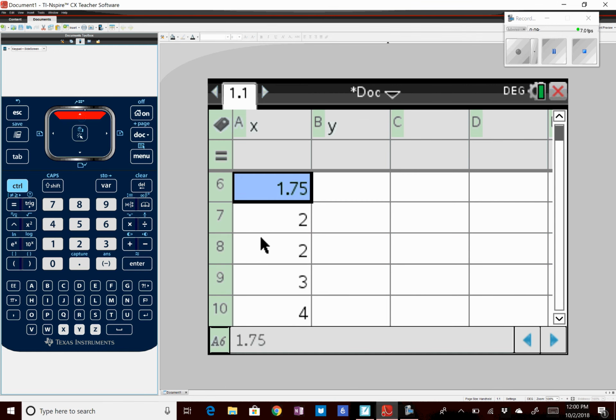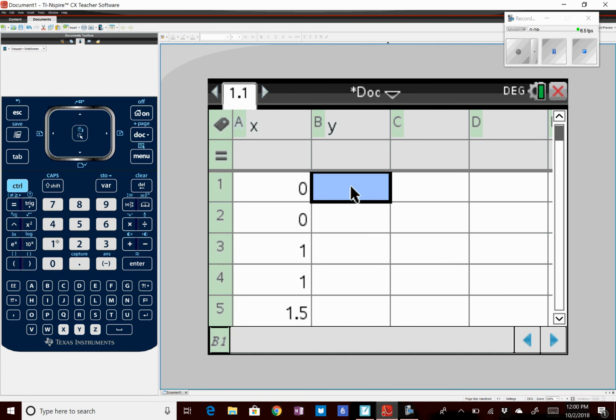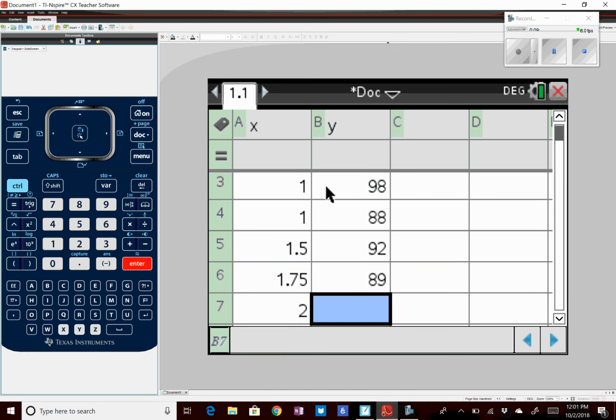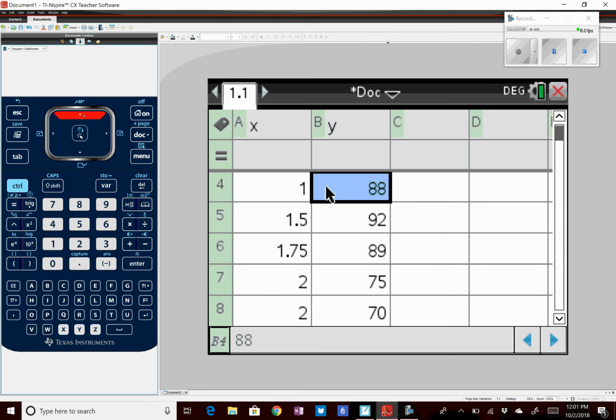In column B, we'll put the test scores in. Okay, again, remembering to hit enter after you put the last number in, go back, review, make sure everything is entered correctly. Looks good. So we're ready to do the scatter plot.